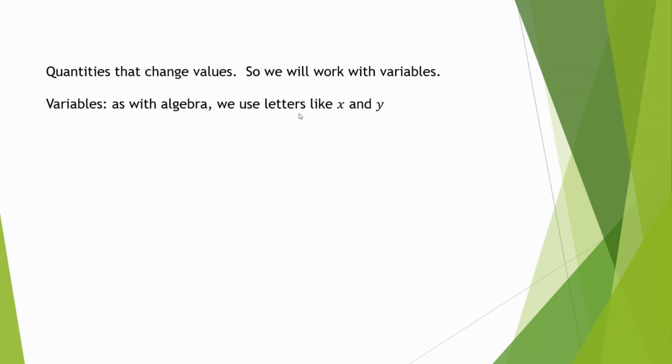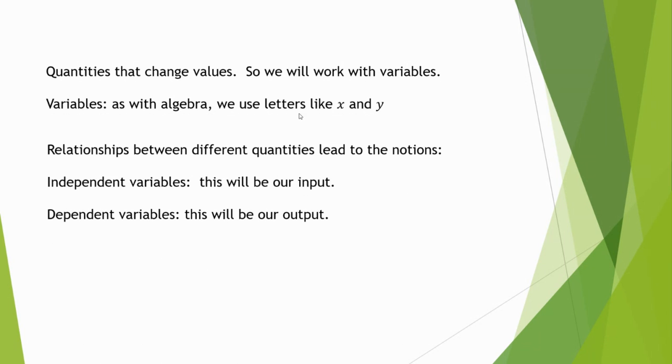Now, since we have variables, and we have relationships between quantities, we're going to have relationships between variables. One of them will be the independent variable. Usually it's going to be X. The other variable, the dependent one, is usually going to be Y. The dependent variable is the one that depends on the independent one.